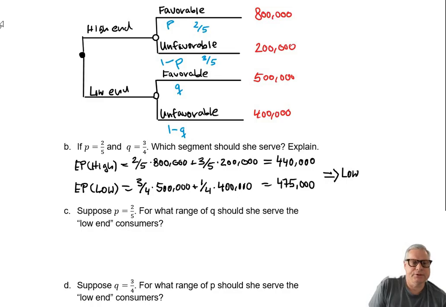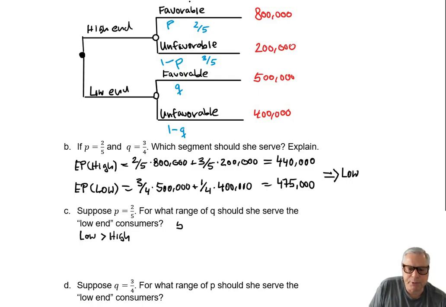So the idea is to say under what condition is low-end better than high-end. And for high, nothing has changed, so the expected payoff is still 440. So we need to find the condition when the expected payoff from low exceeds the 440.